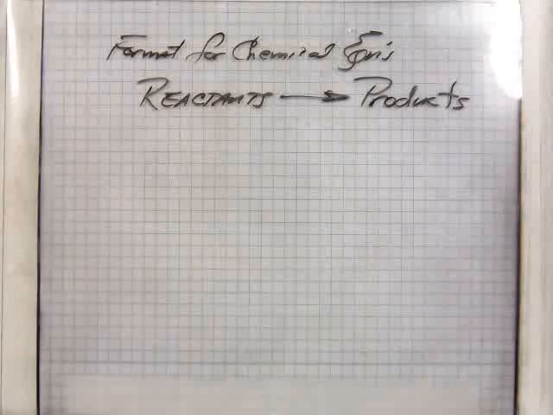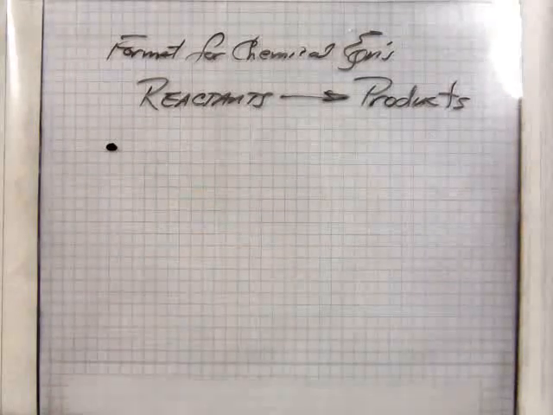Now, there are some characteristics of chemical reactions and the notations that you use in these that you have to keep in mind. Number one is the chemical equation conforms to the law of conservation of matter.